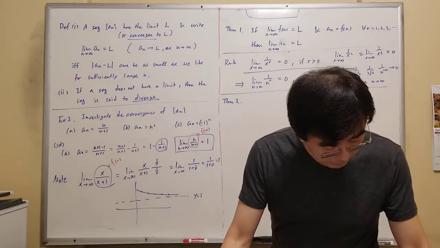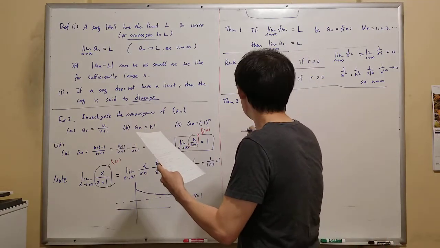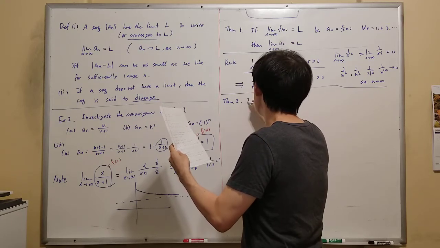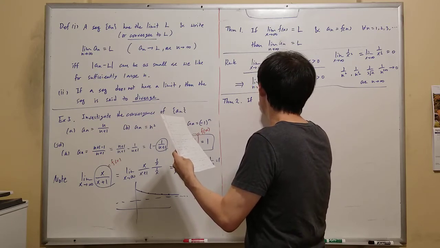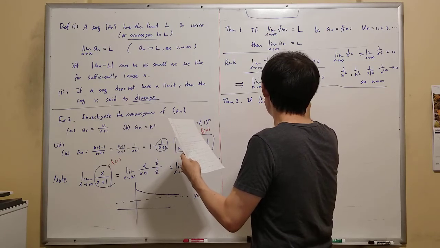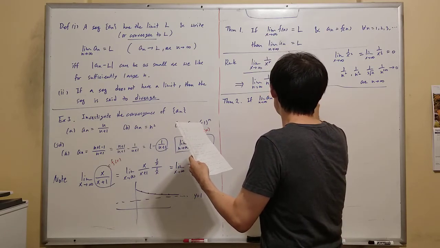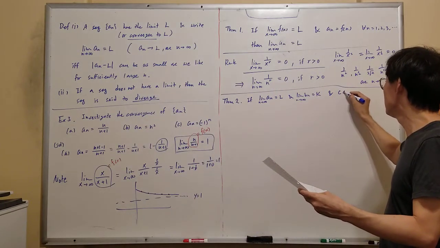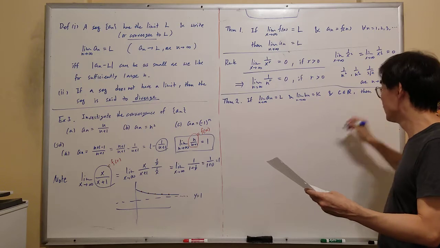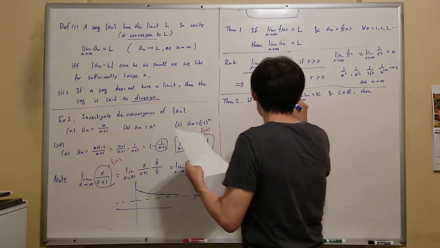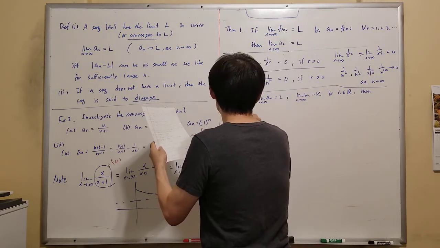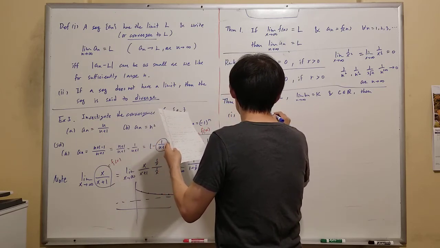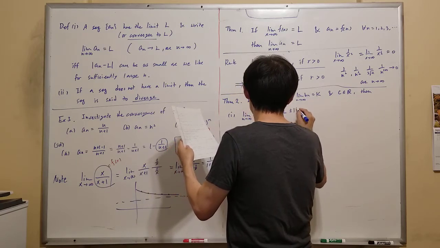So here, theorem. If the limit of a_n as n goes to infinity equals L, and the limit of b_n equals k, and c is a real number, then first, the limit of a_n plus or minus b_n equals L plus or minus k.